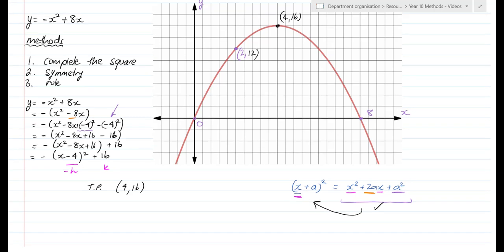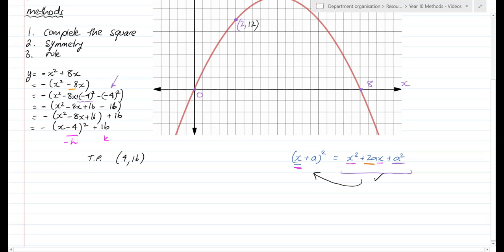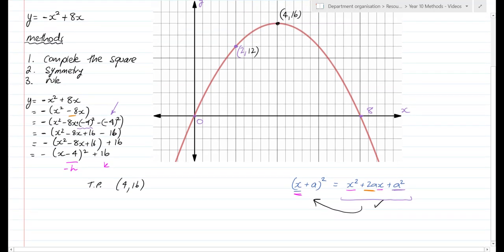The second method is symmetry. So if we go down to symmetry now, let's rub this off and pretend we don't know what the turning point is. If you're using symmetry and you know 2 points that are on the same horizontal line in the quadratic, you can actually use that to find your turning point. So I'm going to do method number 2 over here.